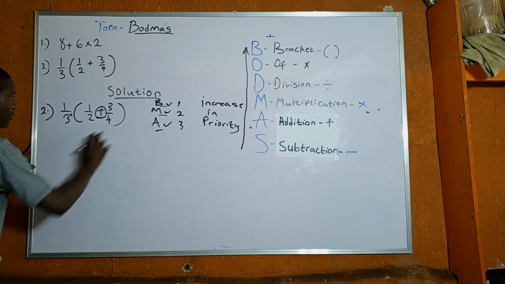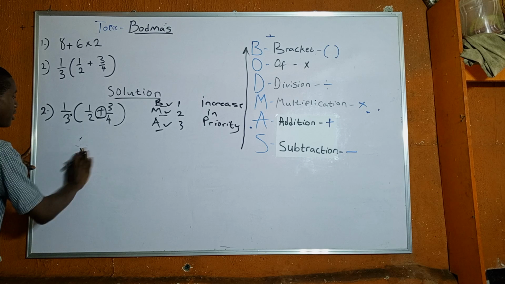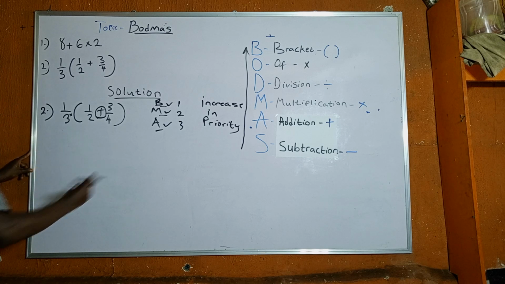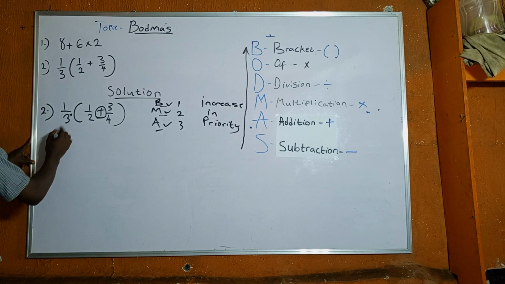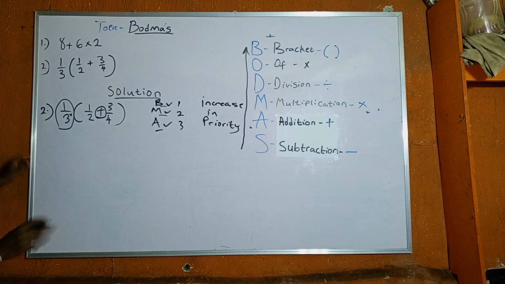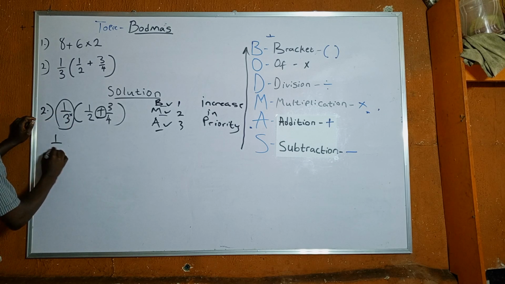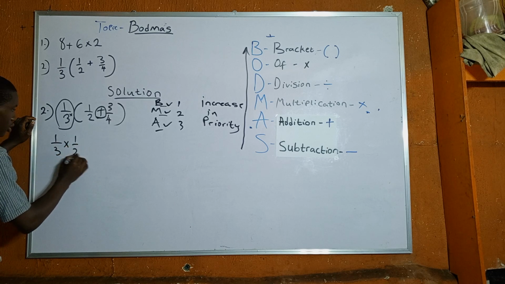So let's open these brackets. We're going to use the whole of this value here to open the other ones. So let's do that. We will have 1 all over 3 multiplied by 1 all over 2.